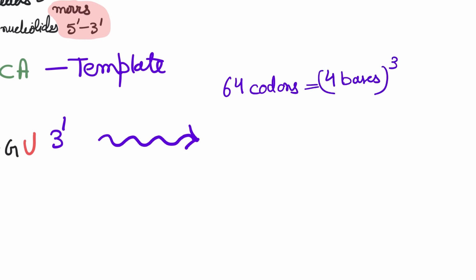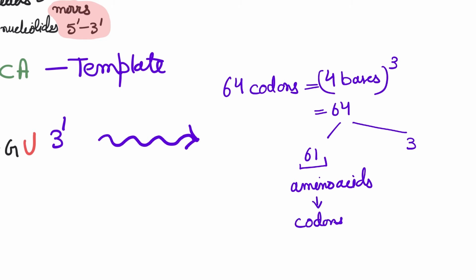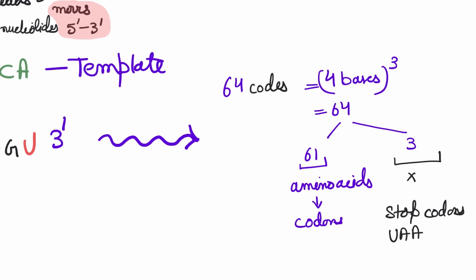There are four bases A, T, G, C, and they are read in triplets, so there are 64 possible codes, but only 61 code for an amino acid, whereas the remaining three are stop signals. So there are 61 codons from 64 possible codes, and the three remaining don't code for any amino acid. They're called the stop codons.